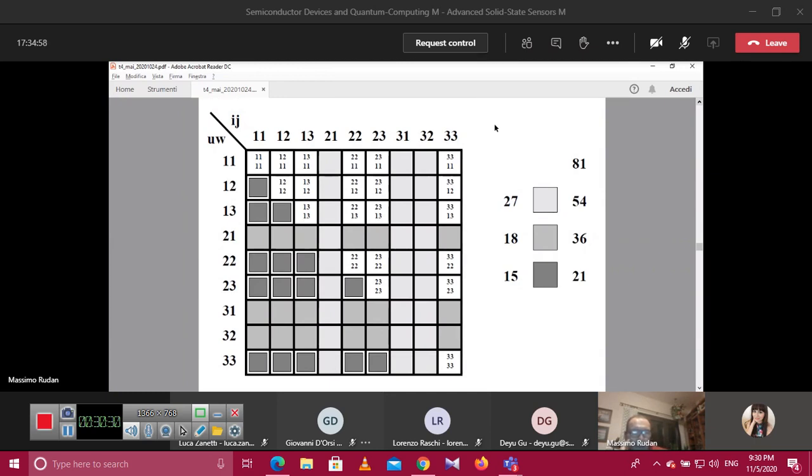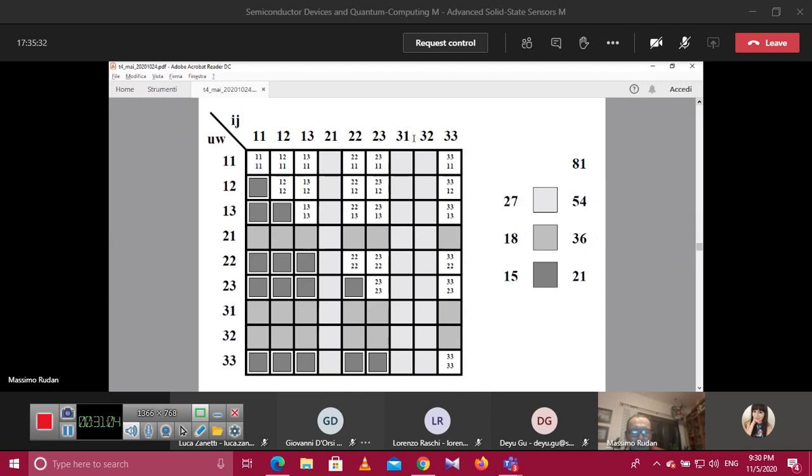On the upper edge, you see the indices of the columns that are related to I and J, and on the left edge, you can see the indices of the rows that are related to U and W. Okay, so when we start from the global 81-element matrix, as you remember, we eliminate first columns 2, 1, 3, 1, and 3, 2.